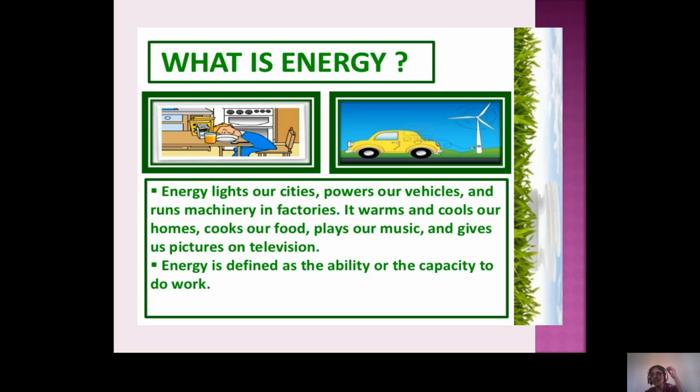So energy is defined as the capacity to do work.